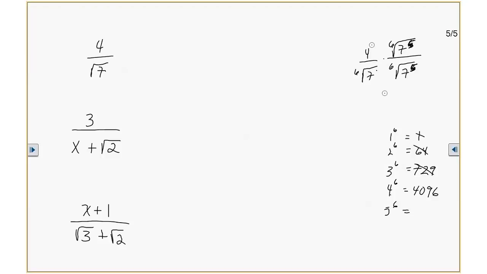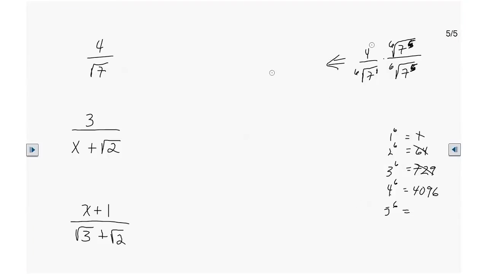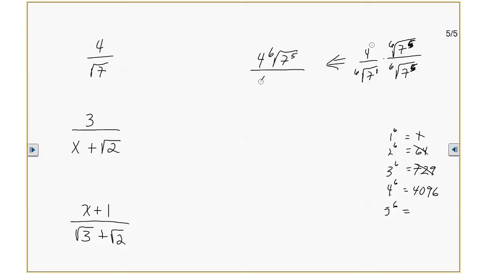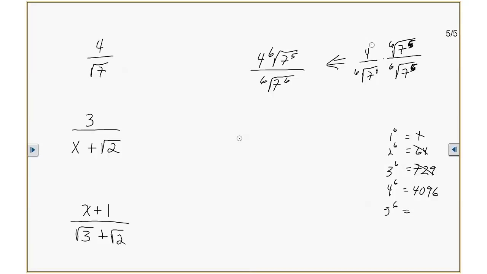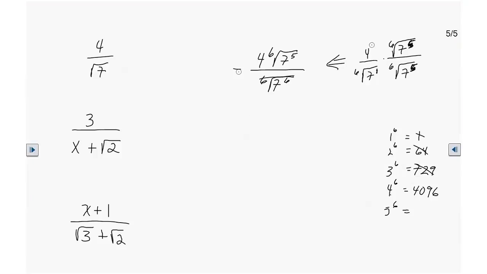Now, what is 1 plus 5? 6. So that would be 4 times the 6th root of 7 to the 5th power over the 6th root of 7 to the 6th. And what's the 6th root of 7 to the 6th power? 7. So 4 times the 6th root of 7 to the 5th power over 7.